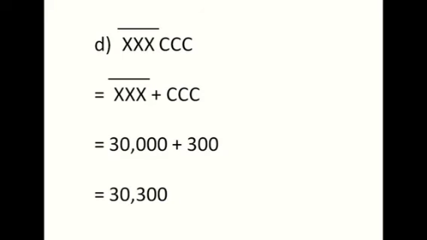Let's take one more example. In this example, you can see XXV bar, then D, C, C, C, L. So the way we have done the previous sum, we will split it the same way. Take the 1000 part first, then go for D, CCC, and then L. So write it in your notebook.